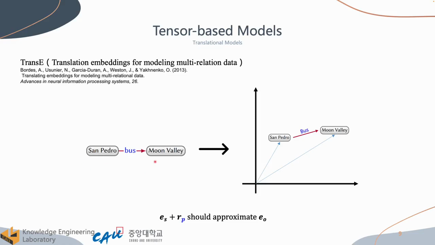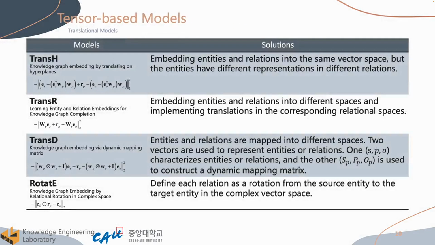And if San Pedro plus the path equals Mon Valley, then we map it to the two-dimensional vector space like this. And there are some other models of the translational models.